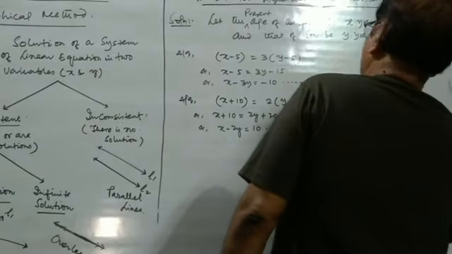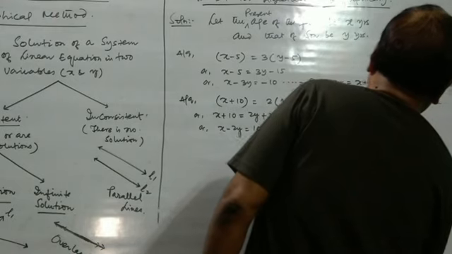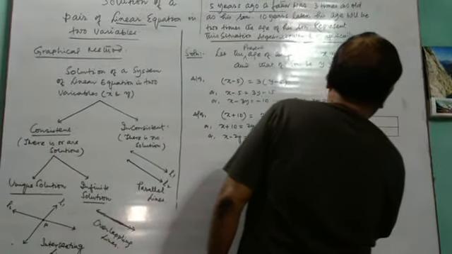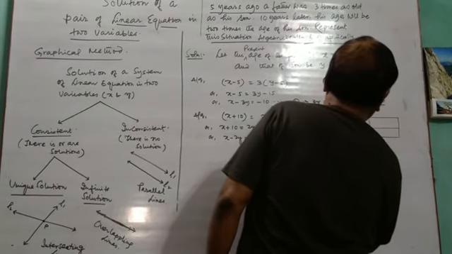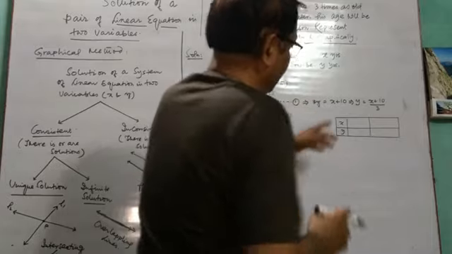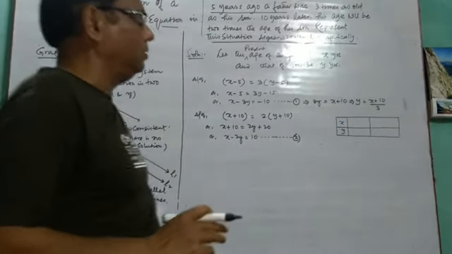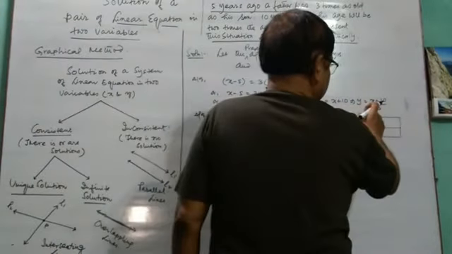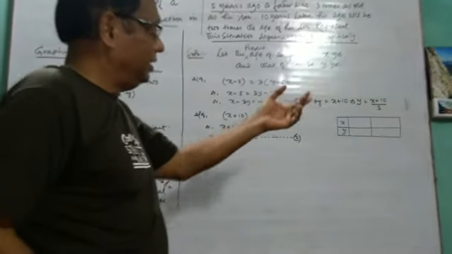And now you have to make a value chart for the first equation. X and y. X is the independent variable, y is the dependent variable. Now we will put the value of x and calculate the corresponding value of y.